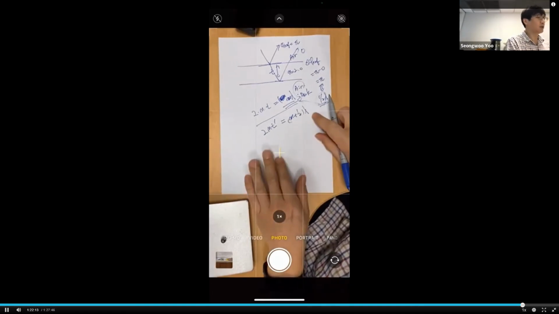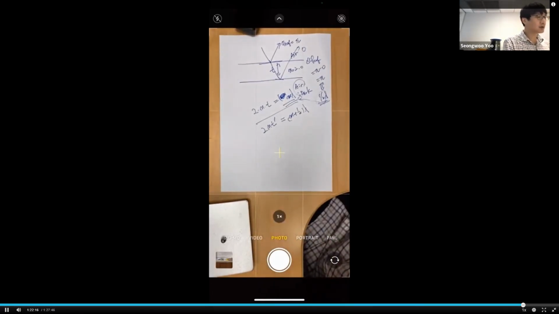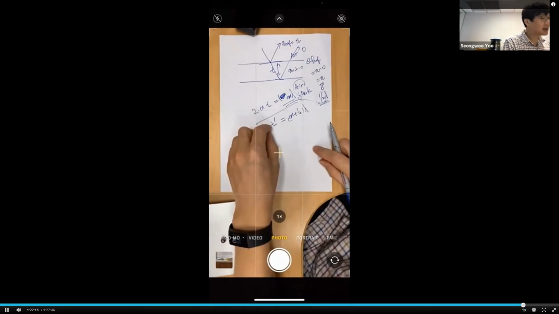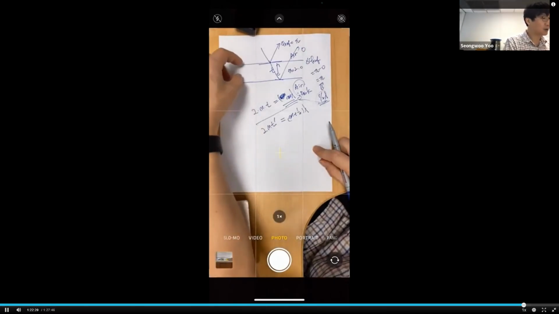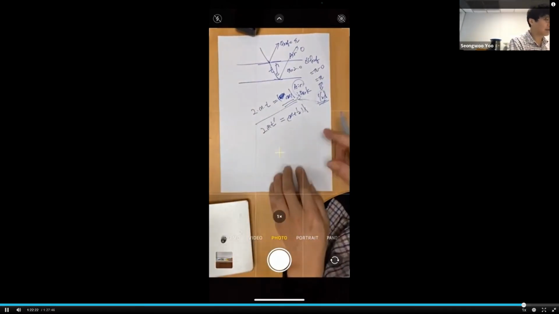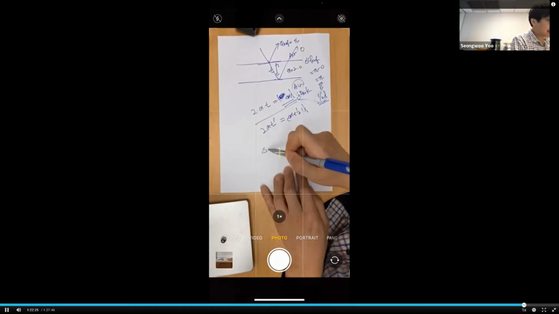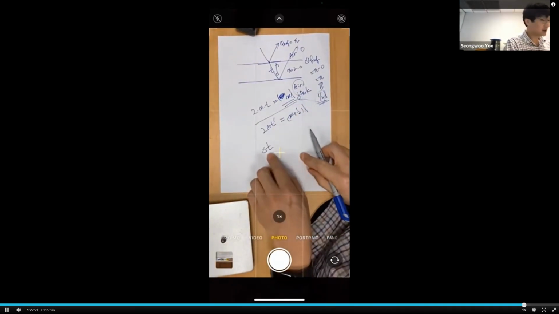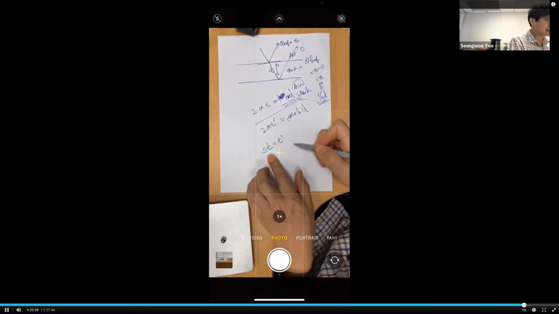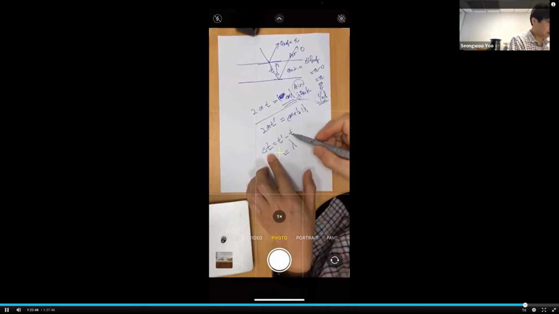Because we are interested in the additional thickness added to the original thickness, we are interested in delta t, which is t prime minus t. This is going to be 1 over 2 lambda divided by 2n.